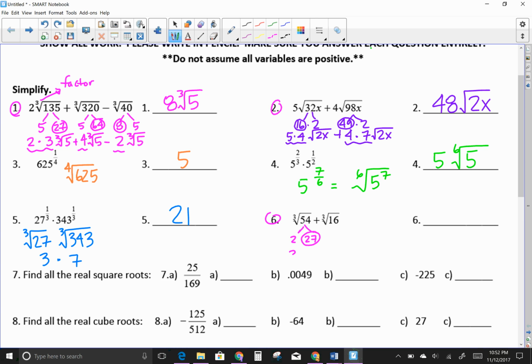So this is 3 times the cube root of 2, because that's what's left underneath here. This is 8 times 2, and 8 is a perfect cube. Plus the cube root of 8 is 2, times the cube root of 2. 3 plus 2 is 5. So that gives me 5 cube roots of 2.